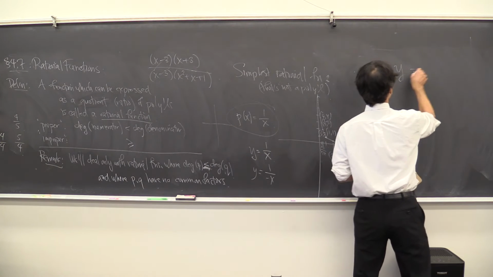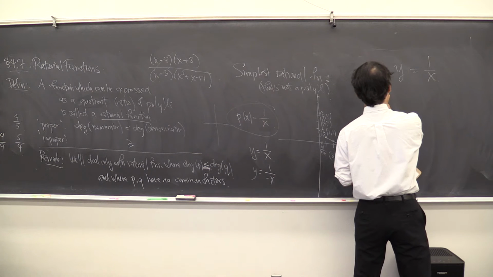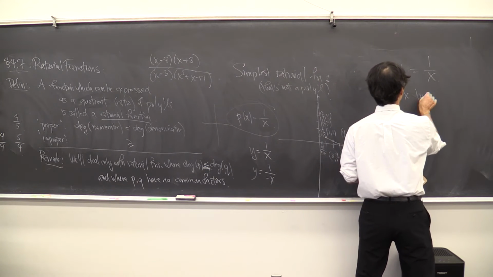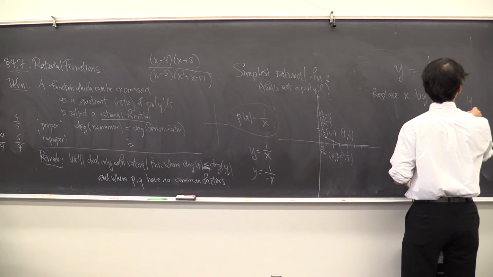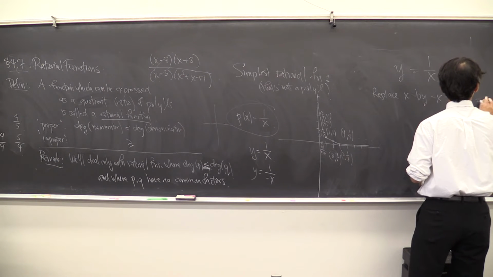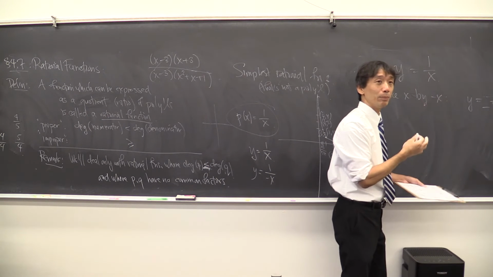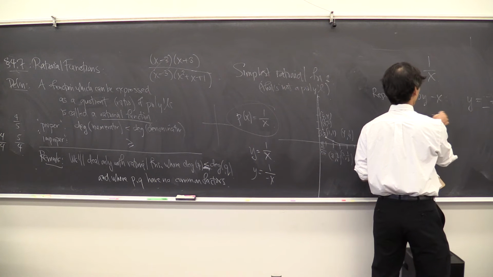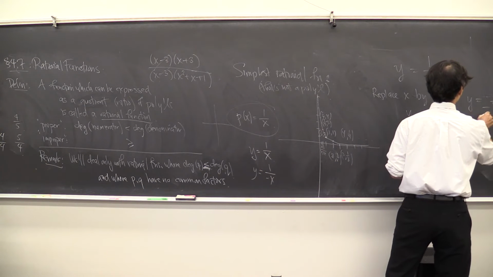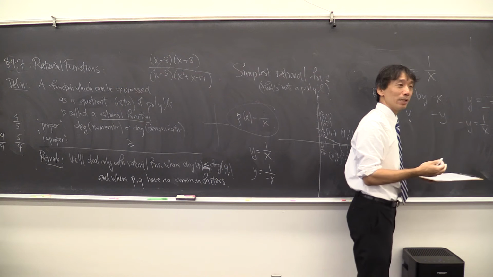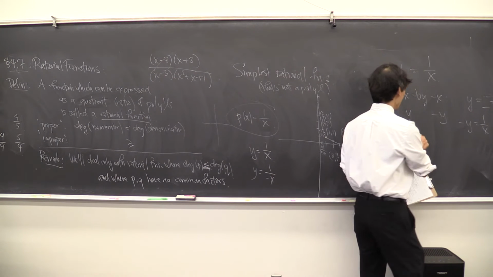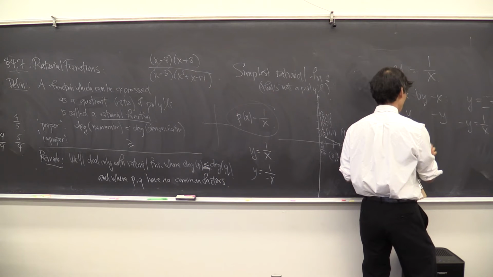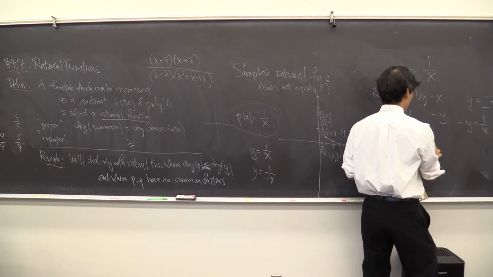You've got y equals 1 over x. Suppose you replace x by negative x. Well, you're going to get y equals 1 over negative x. Is that the same thing? No. What if you replace y by negative y? You get negative y equals 1 over x. Is that the same thing? No. What if you replace both, x by negative x and y by negative y?